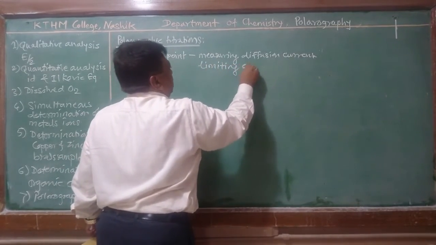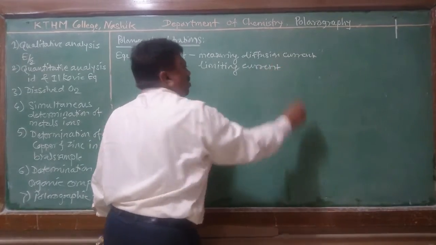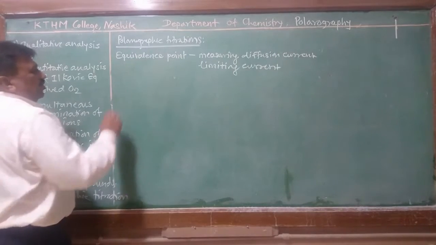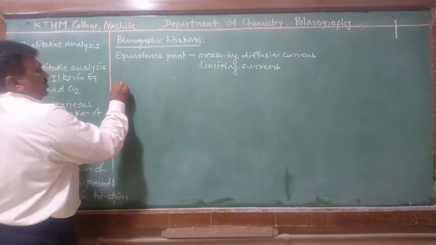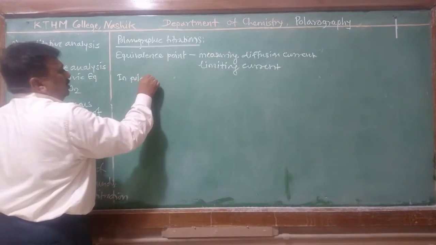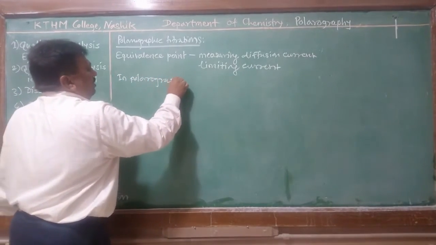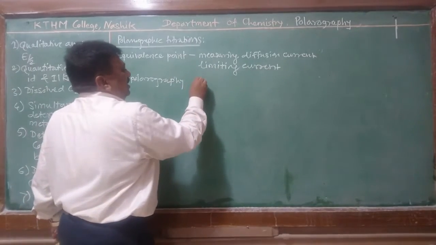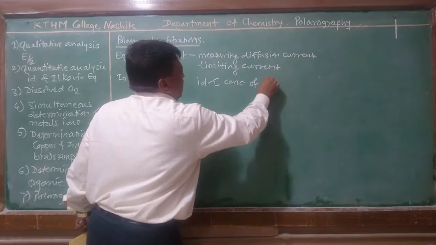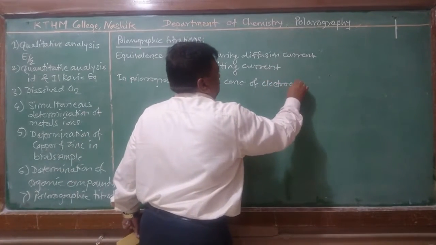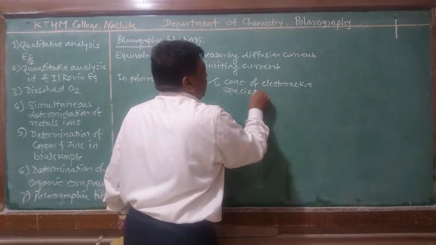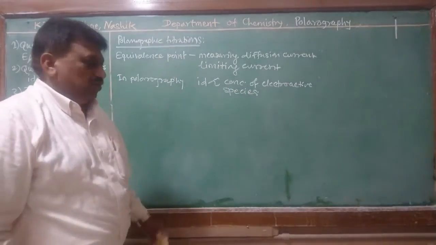Generally, the limiting current is measured as a function of ml of titrant added in polarographic analysis. Students, we know that in polarography, diffusion current or limiting current is directly proportional to the concentration of electroactive species, that means the species which undergo reduction at the dropping mercury electrode.